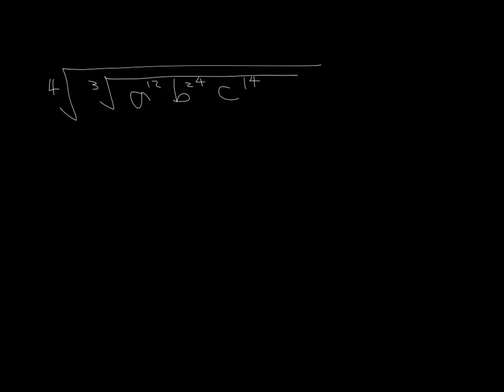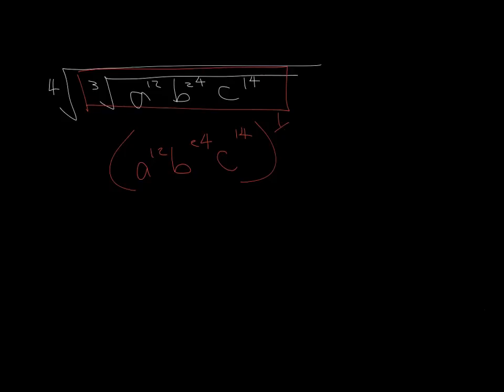Okay, we're going to do the exact same thing. We're going to take the inner radical and make it a to the 12th, b to the 24th, c to the 14th, to the 1/3 power, because that's what that tells me.